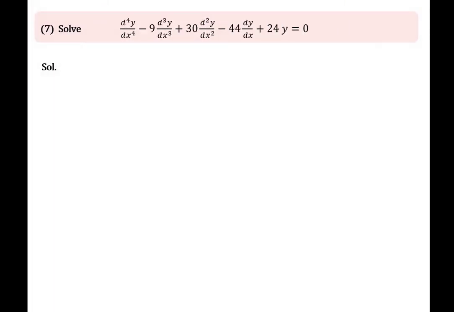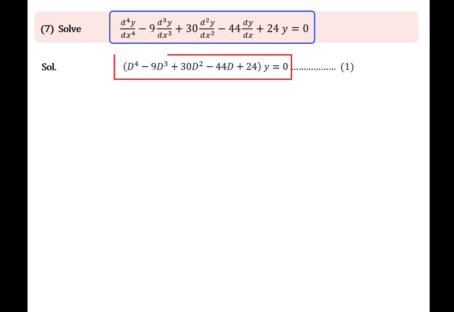Next question. The given differential equation can be written as (D^4 - 9D^3 + 30D^2 - 44D + 24) y = 0.